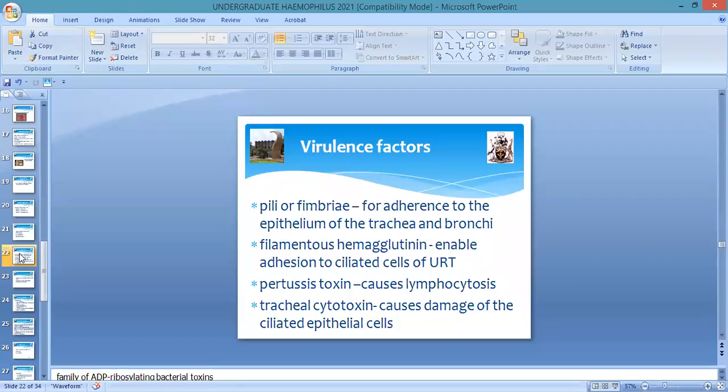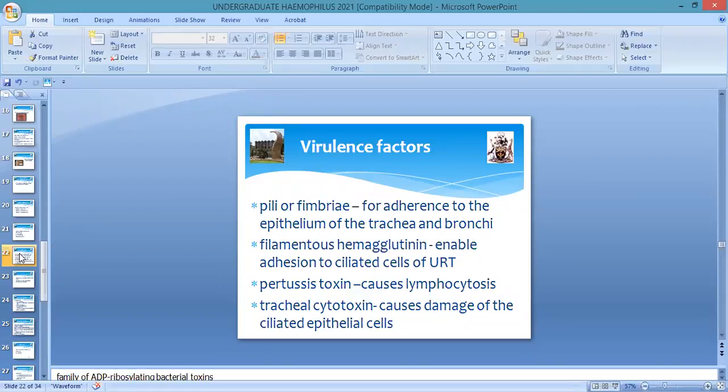So the filamentous hemagglutinin usually allows that attachment to the cilia, and when you have that attachment to the cilia, it of course disrupts a lot of activities within the respiratory tract. It then produces pertussis toxin, which has been shown to cause lymphocytosis. Apart from that, it also causes tracheal cytotoxin. The tracheal cytotoxin is what causes damage of the cilia.